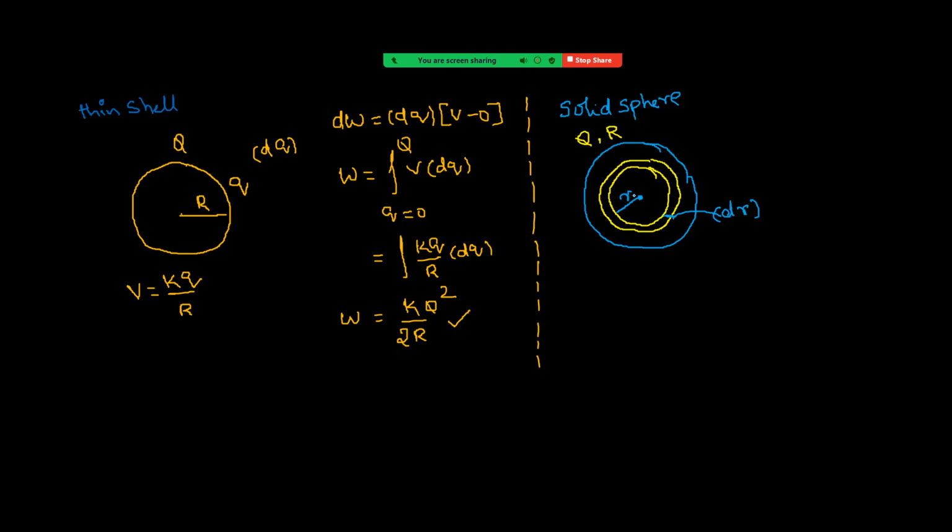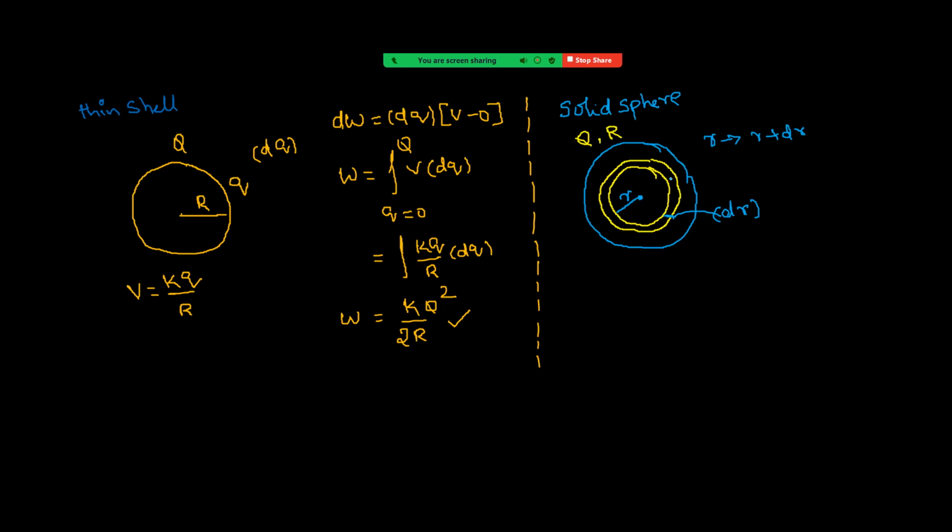Now we want to bring some extra charge so that its radius changes from r to r plus dr. I am repeating: assume that at one instant we have a solid sphere of radius small r. Now we want to increase this radius from r to r plus dr by adding charge.